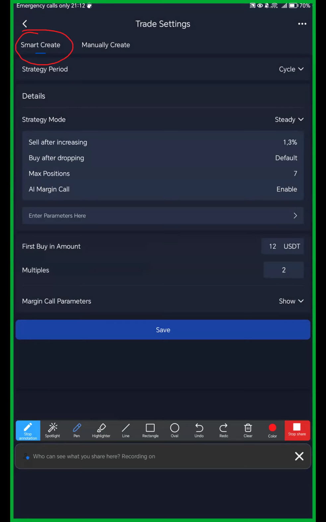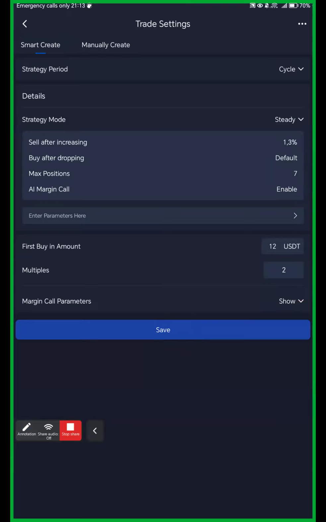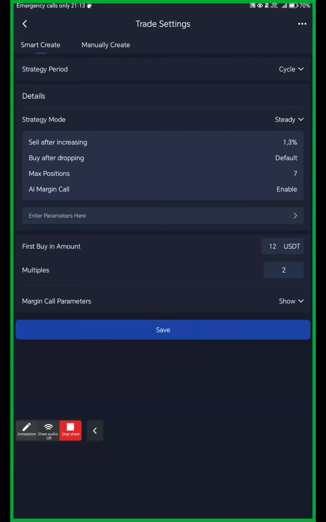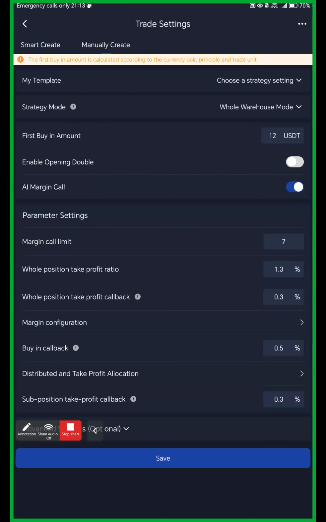You don't want to do your own setting, you just want to pick what RoyalQ is recommending to you. So when you tap save here, it means you are saving these settings that are given to you by RoyalQ. So we don't want this. We want to create our own setting. So we're going to tap on manually create.